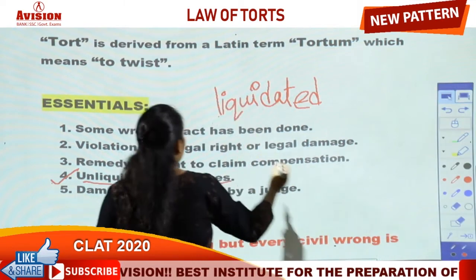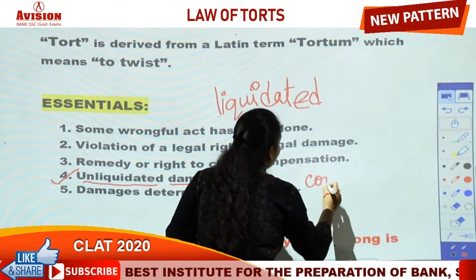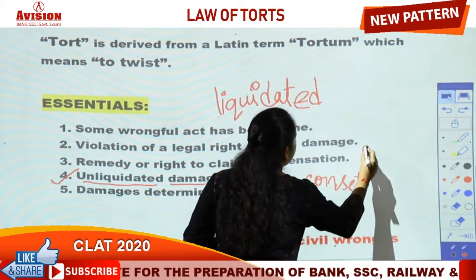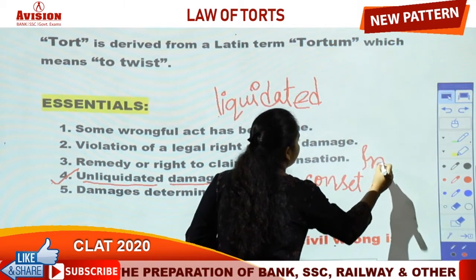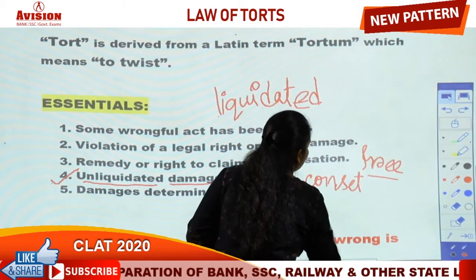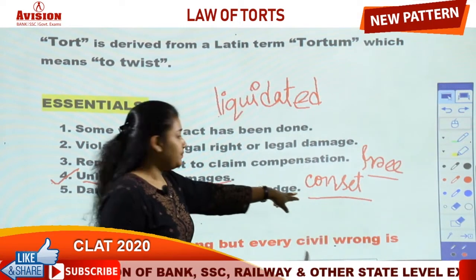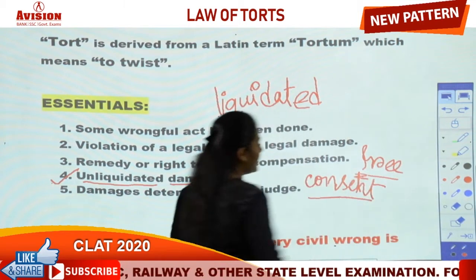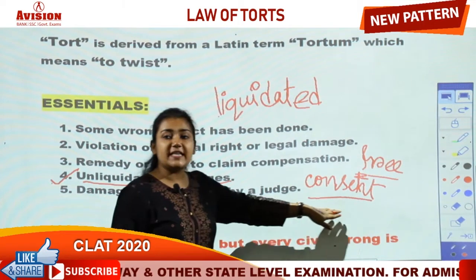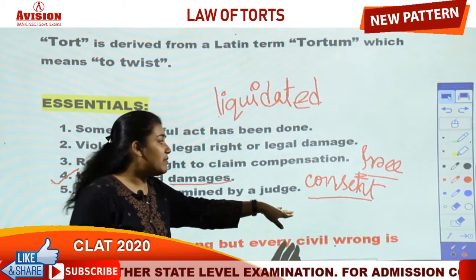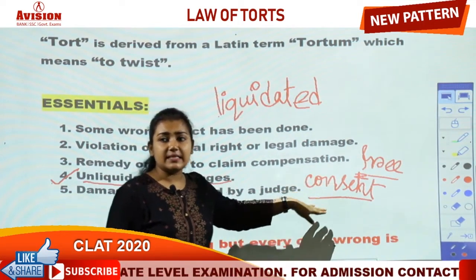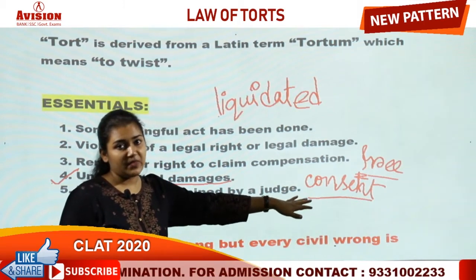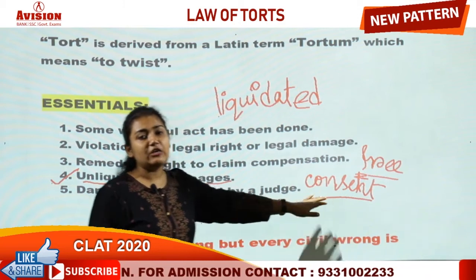Again there is a new legal term, consent, and it should be free consent. This term we will be discussing in detail. You are going to get this in contract law, Indian contract law.